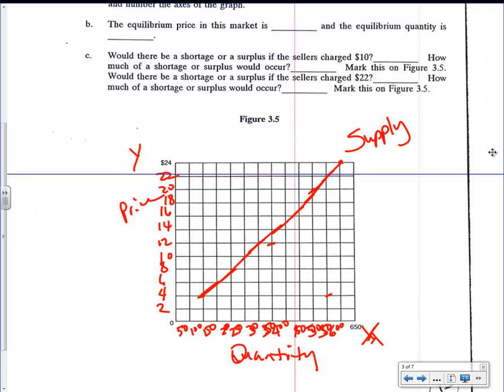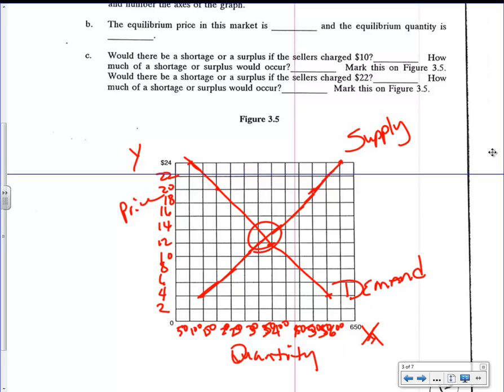When the price is 20, we have 150. And when the price is 24, we have only 50. Now we're going to draw and connect these dots. And of course, this is a demand curve.